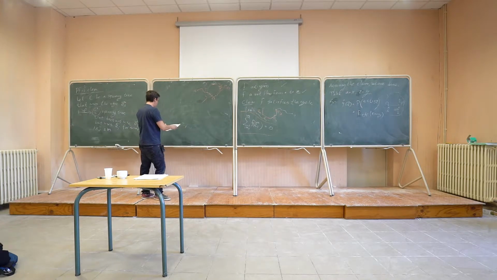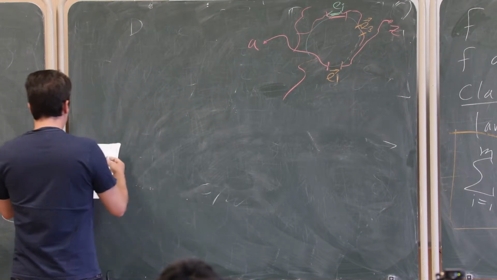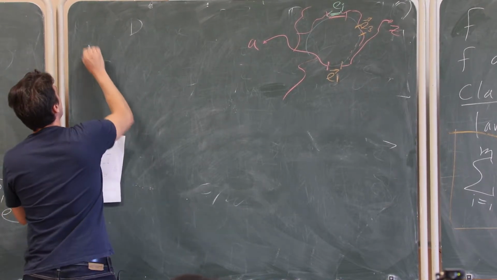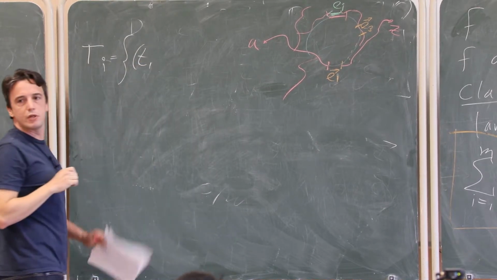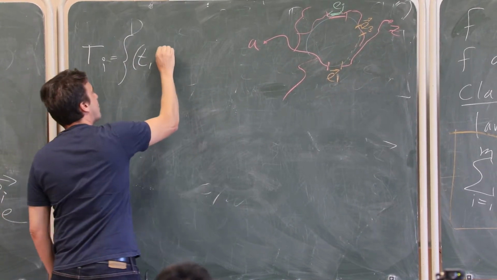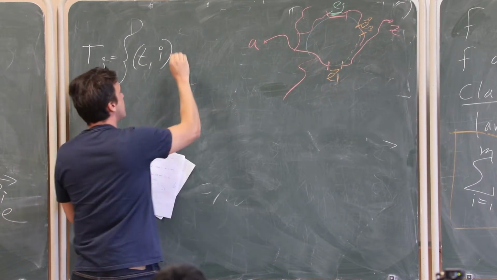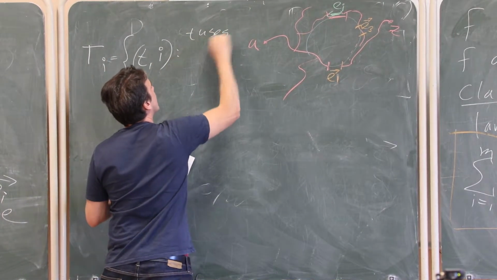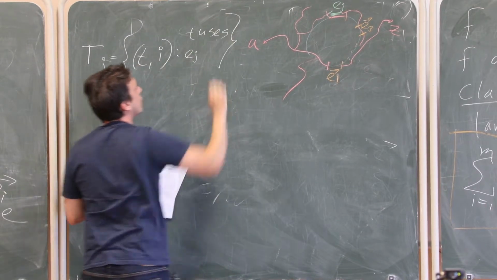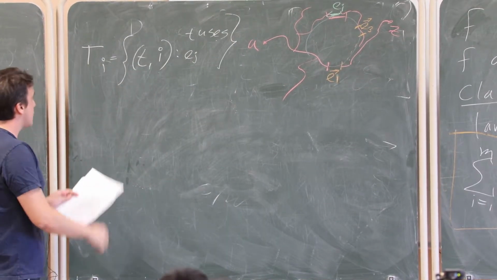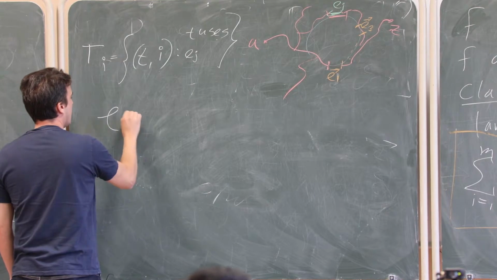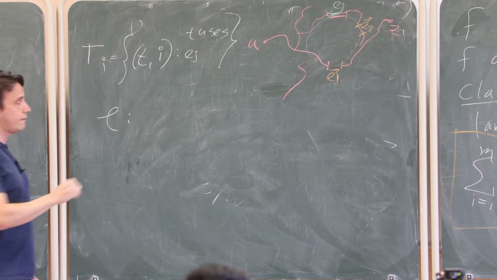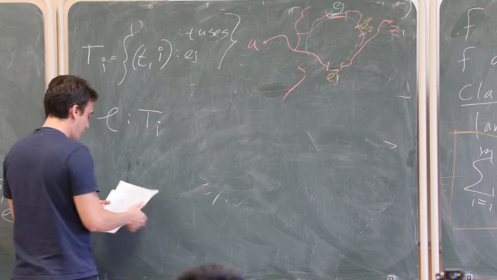So what this means is that if we let Ti be the set of all trees, spanning trees T, and the number I, such that T uses EI, right? So what we have, so this phi that we defined, right? Phi is a map from Ti, right?